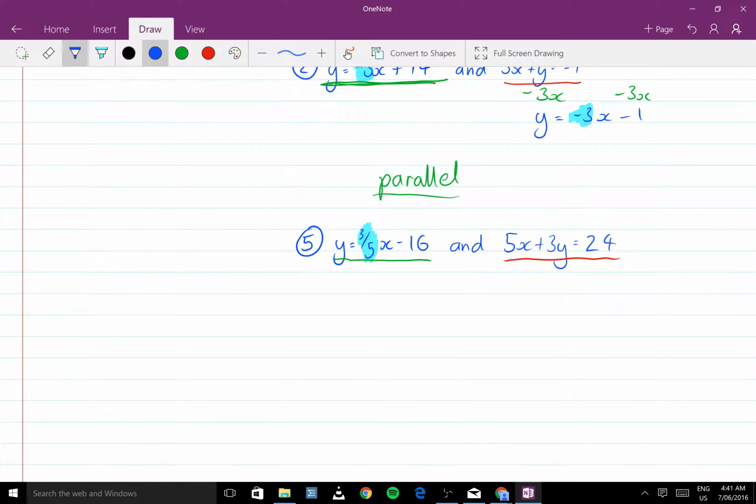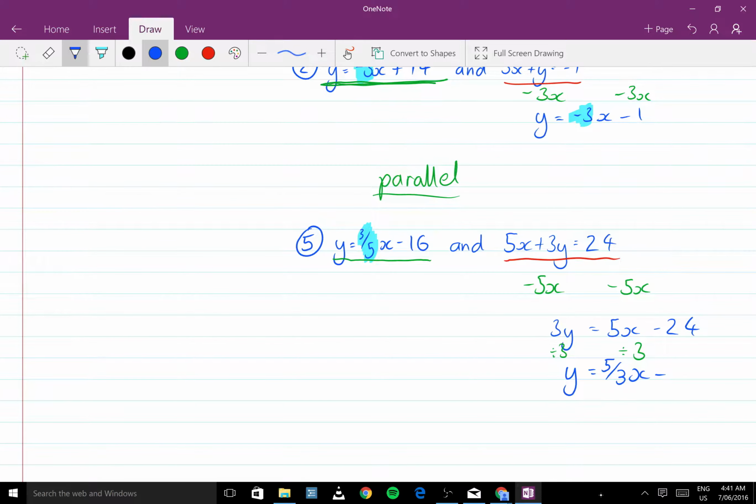So all I do is I take away 5x from both sides, and that gives me 3y equals 5x minus 24, then divided by 3, and I get y equals 5/3 x minus, and I've also got to divide the 24 by 3.